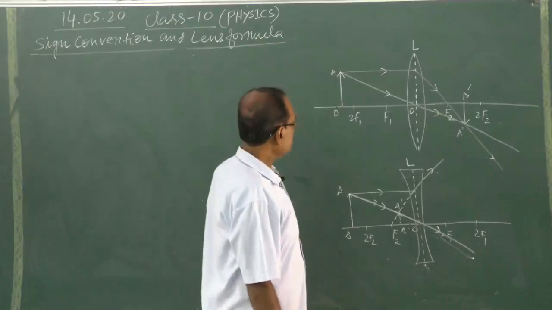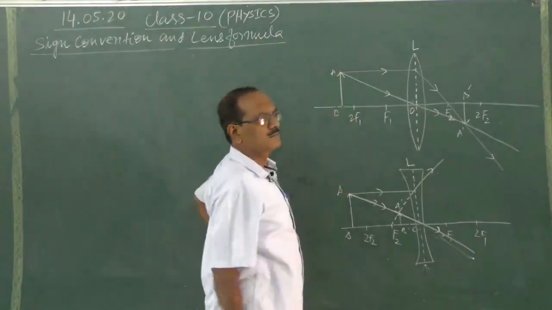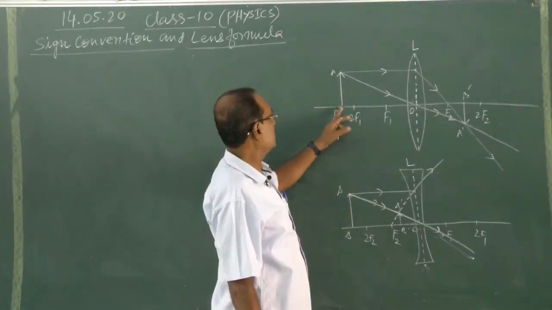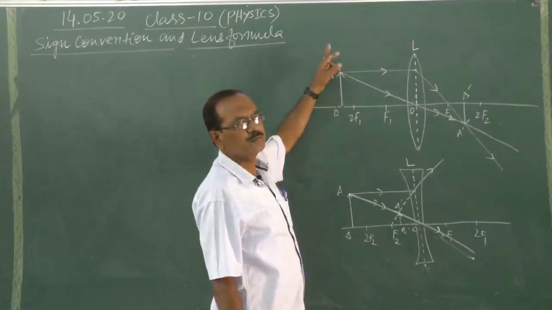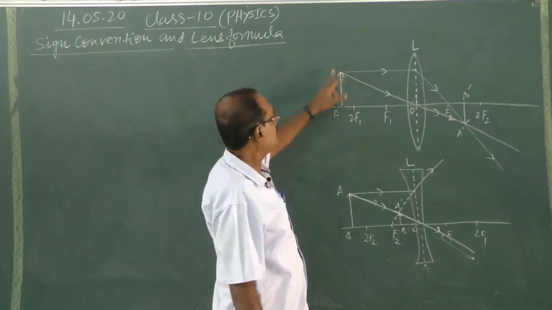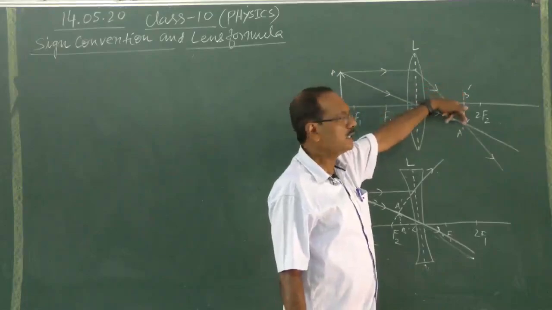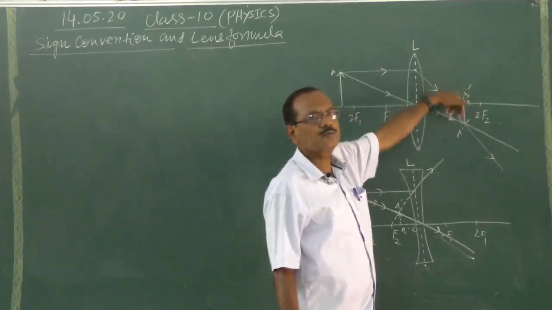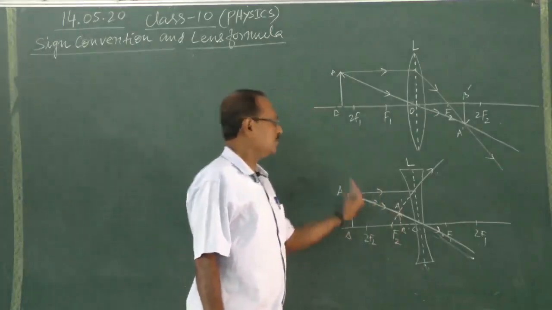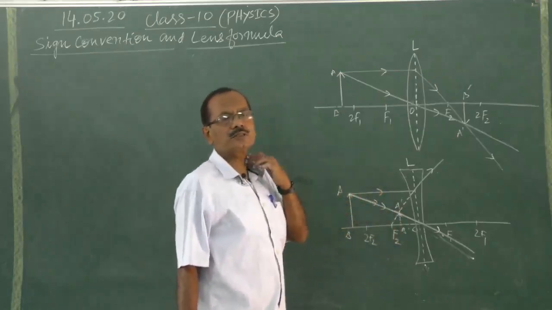Now, the height of the object is taken above the principal axis, so the length of the object is measured positive. In this case, the real image is below, so it will be considered negative. Here both are above, so both will be taken positive.